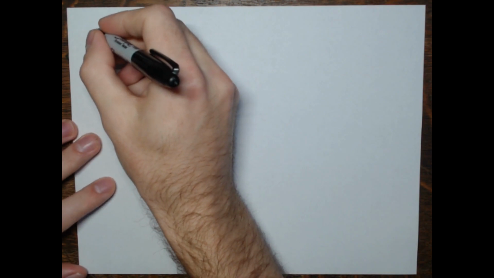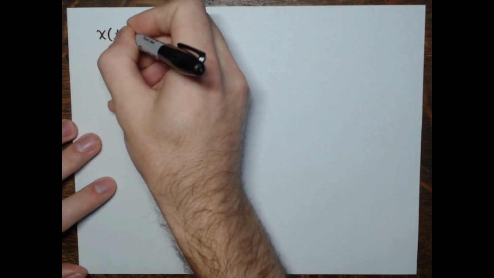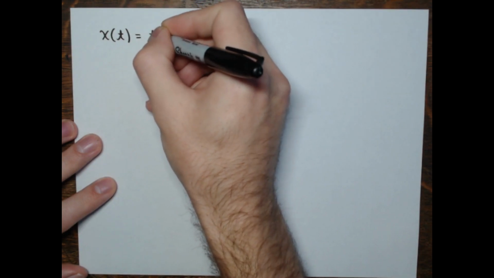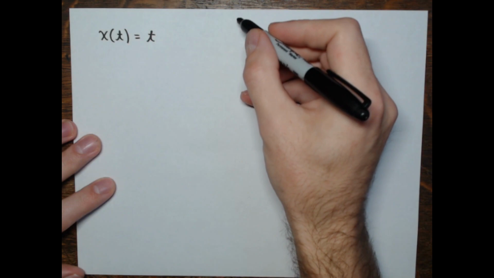All right, so I'll write that up. So they're telling us that the x coordinate of any location we're at is just the value of our parameter t.